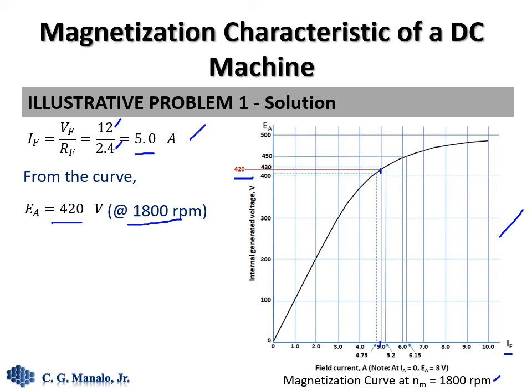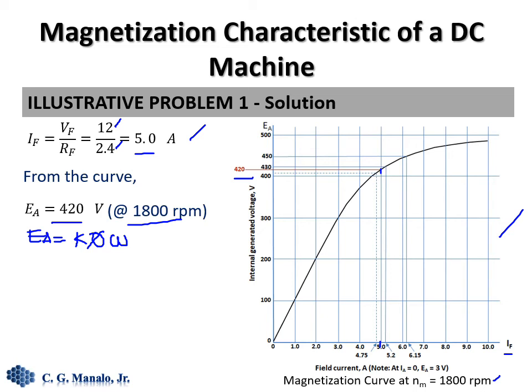So we would expect a lower voltage, because remember our EA equals the machine constant times the flux per pole and the angular velocity of the prime mover that drives the generator.